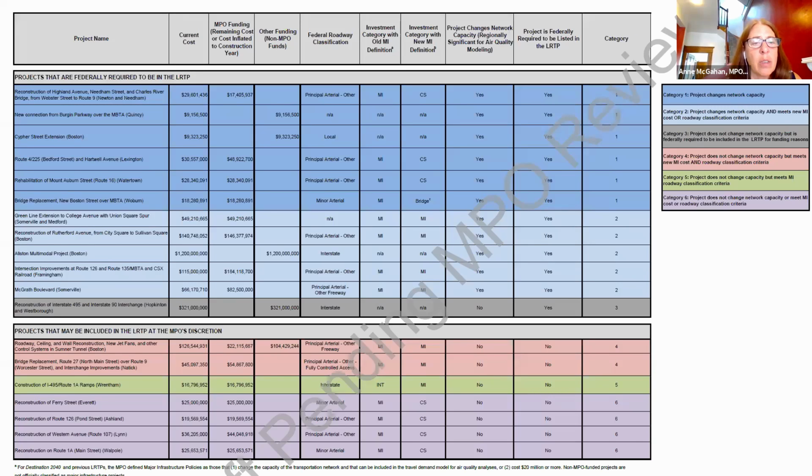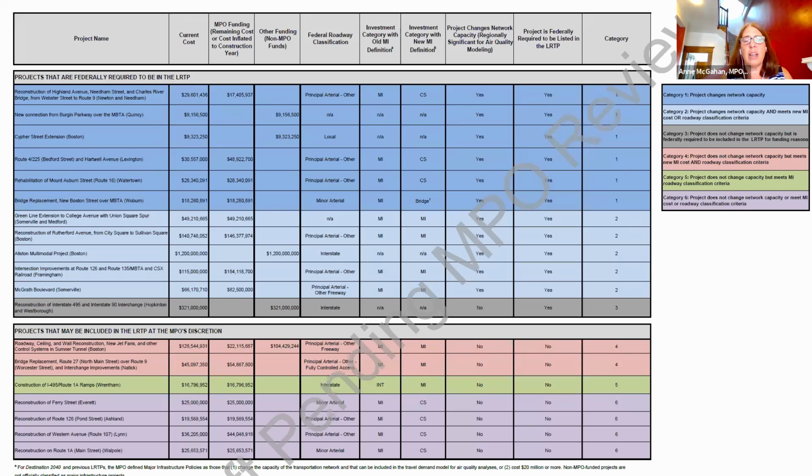Right. So it shows at the top the three categories of projects that we have to list in the LRTP based on federal guidance. But these are just projects that have to get listed, which is different than the definition of what the MPO is calling a major infrastructure.